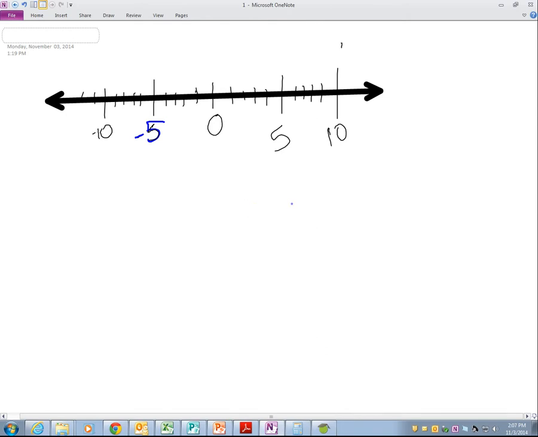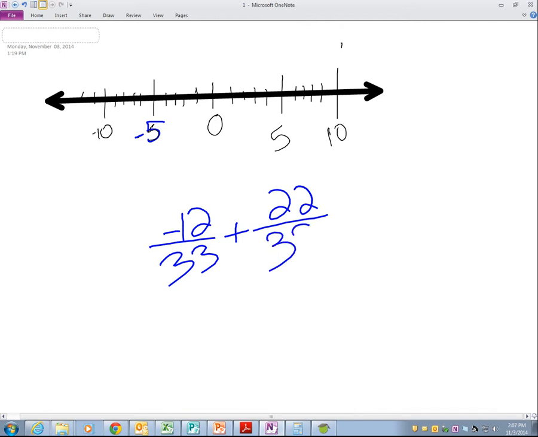It was negative 12, right? Was that it, or is that a different question? That's negative 12 and 22. Yeah, it was negative 12 over 33 plus 22 over 33. So I'm starting at negative 12. And when I add, I'm going this direction on my number line. Right?